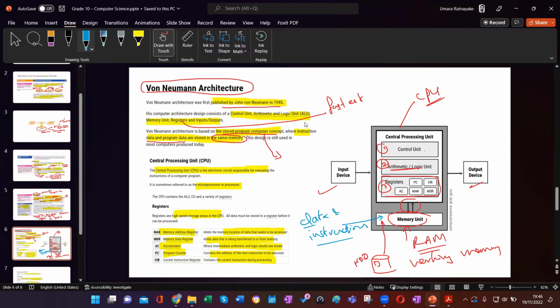Right now, the operating system runs on the RAM. This presentation runs on the RAM. The drawing that I do runs on the RAM. Everything, data and instruction both. But before the stored program concept, these data and instructions had to be fed separately. And now, because of his stored program concept, the von Neumann architecture, we could store both of them in the same memory, which is the RAM.